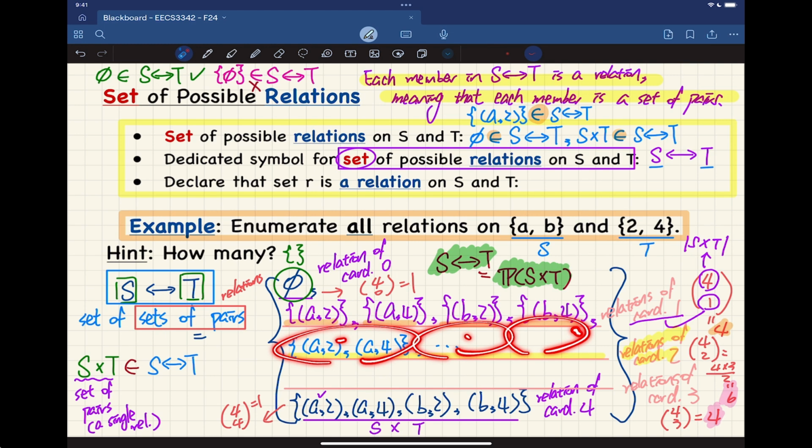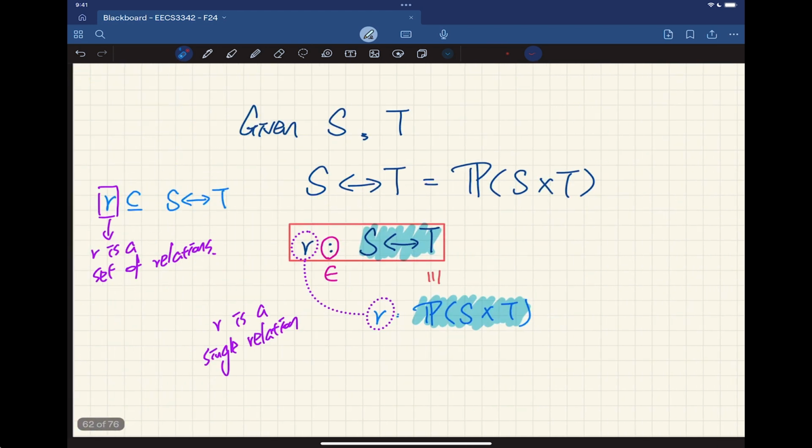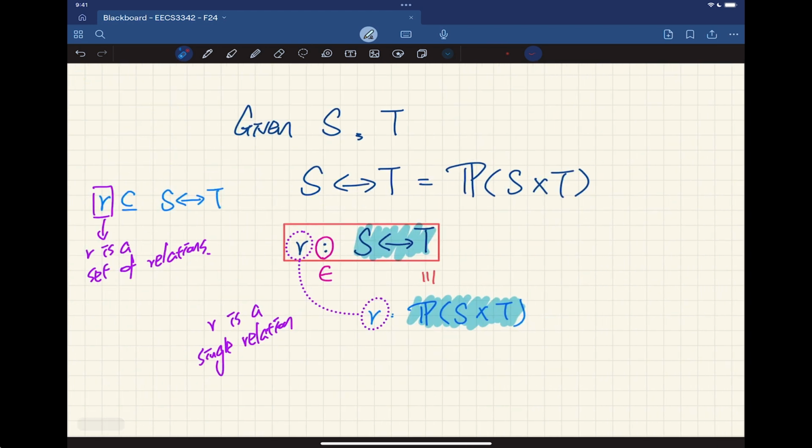If you come up with only 5, you're missing one. If you come up with 7, then definitely some of them are repetitions. So 6 is just what you need. If I haven't answered you completely, please reach out to me again. Okay, let me move on, but keep interrupting if you need to.